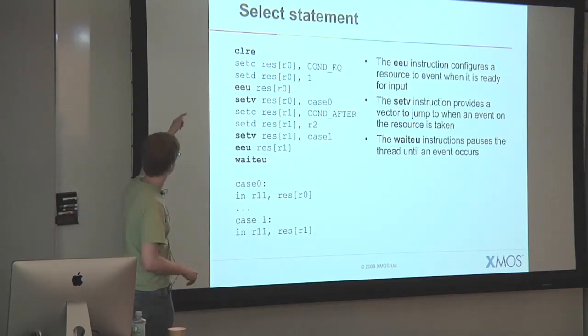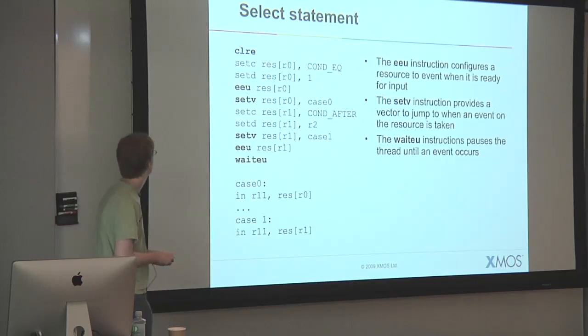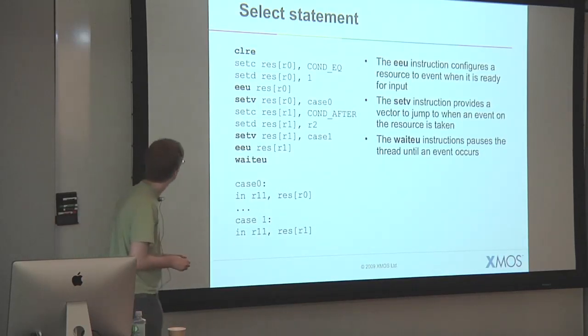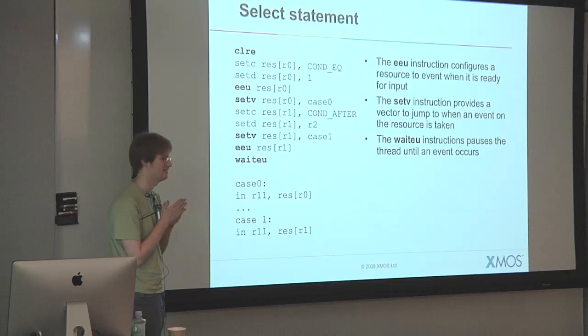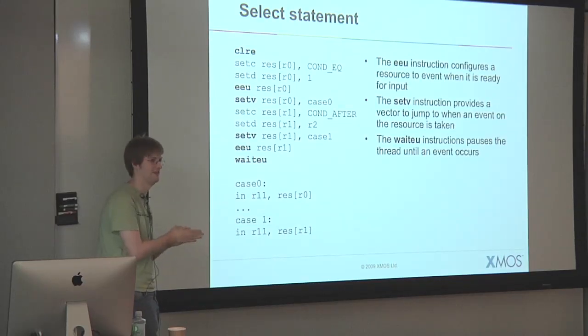We've got the set C and set D that we've already seen. There are additional state setting instructions: EEU, which is event enable unconditional, and set V, which is set vector. EEU configures a resource such that it will event when the condition is met. And set V associates an address with that resource, so that when the condition is met, it jumps to that address.